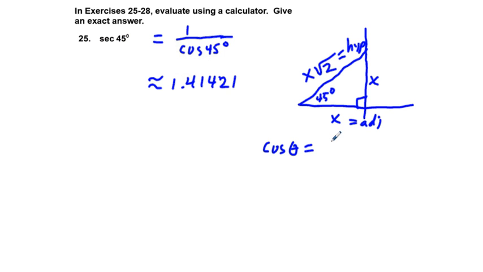So we put in x over x square root of 2, and we cancel, we get 1 over square root of 2.